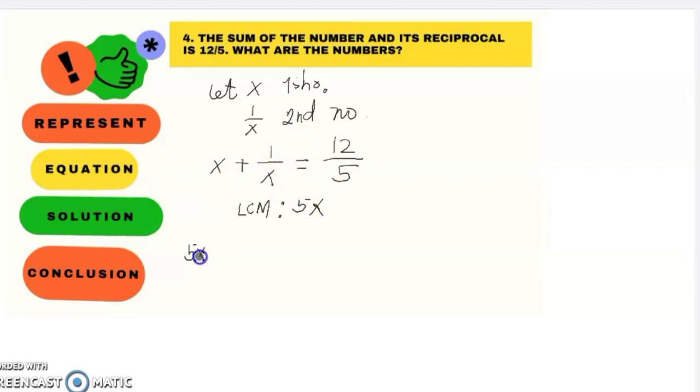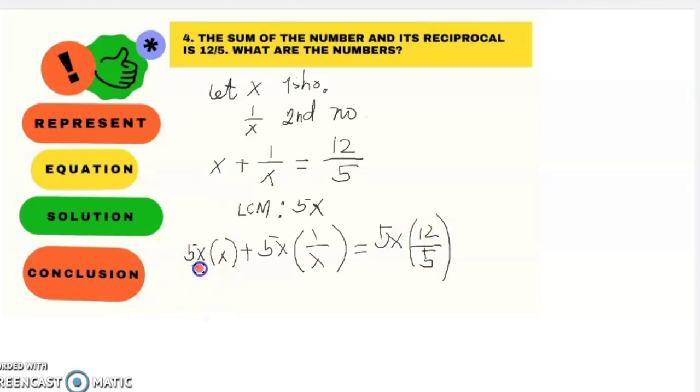So, we have 5x times x plus 5x times 1 over x is equal to 5x times 12 over 5. The distributive property: 5x times x is 5x squared plus, since merong x sa denominator, cancel na natin yung x.